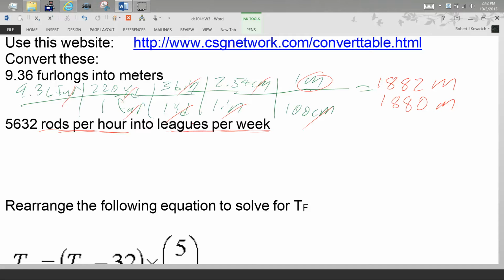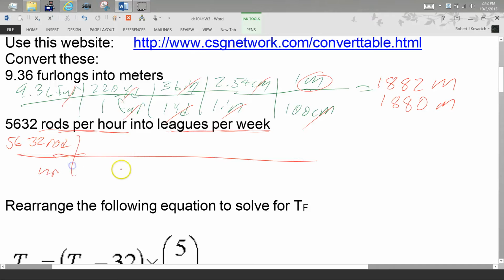So rods per hour, and we're going to go leagues per week. So I've got 5,632 rods per hour, and I need to get over to weeks. So I'll go 24 hours is 1 day, and 7 days is 1 week.